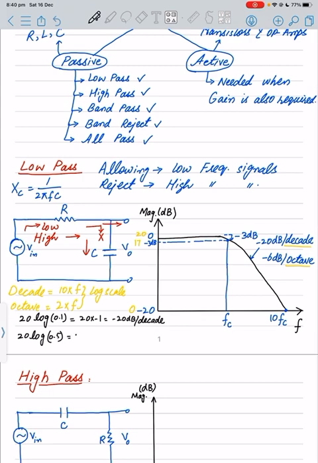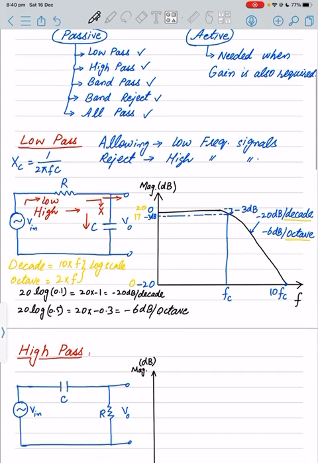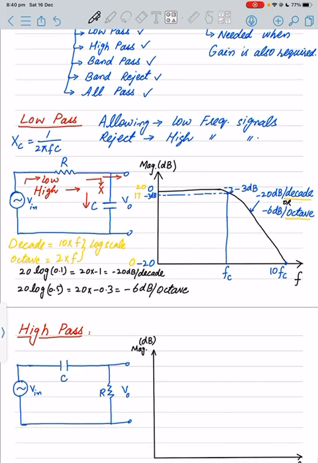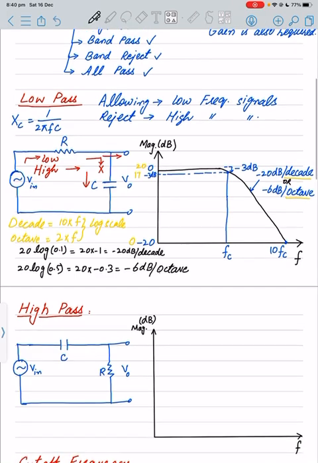So in that particular case we get the log of the 0.5 is around -0.3. तो हमारे पास जो वैल्यू आ जाती है that is the -6 dB per octave, क्योंकि हमने उसको 2 times of the frequency वो हमने वेरी किया था. So that is how we are achieving -20 dB per decade slope or -6 dB per octave slope. So these are two different things but for the same meaning.